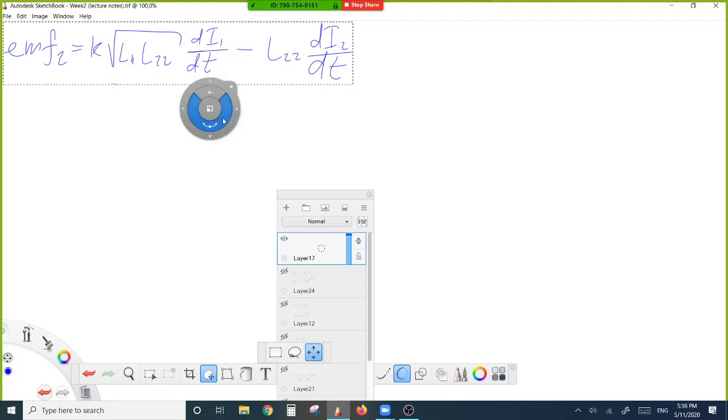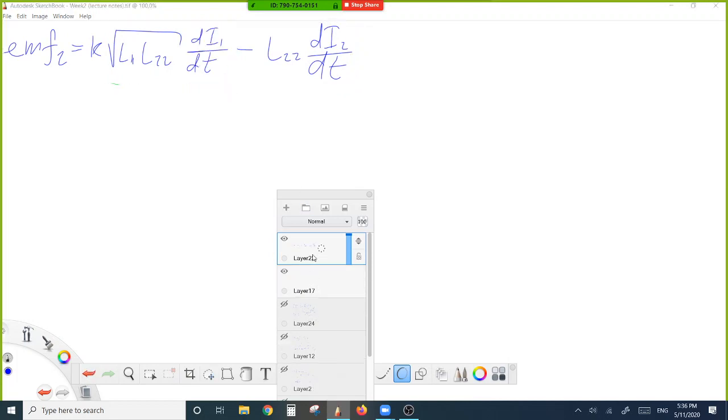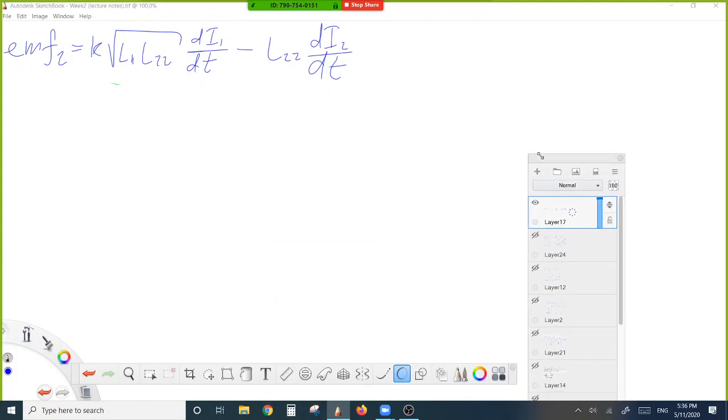Electric motive force 2 is given here. Now we know all the values. We know the values of di1 dt and di2 dt.